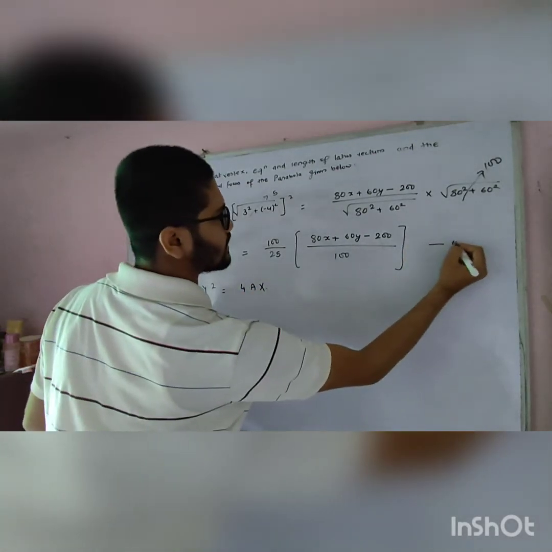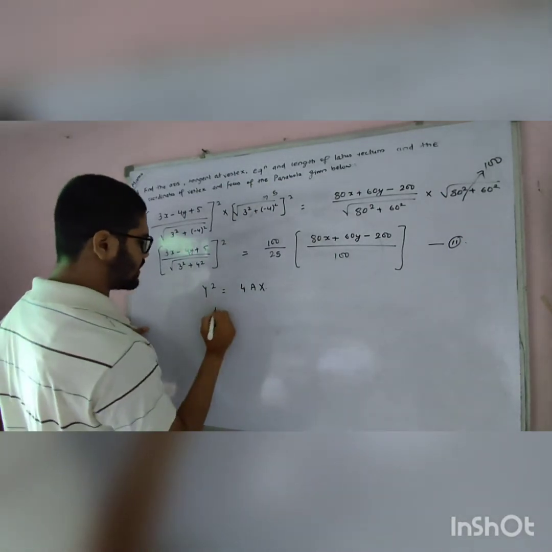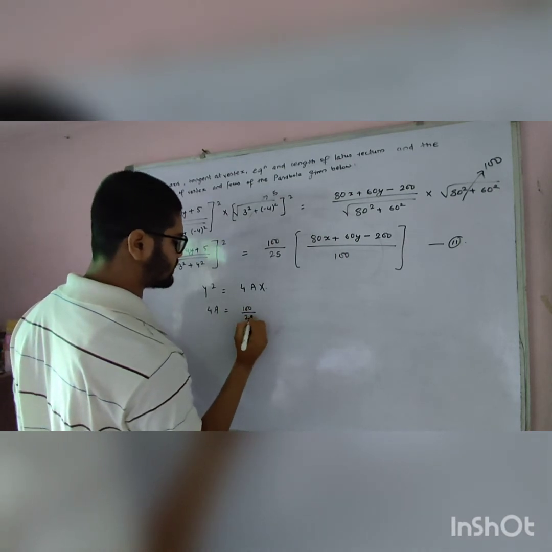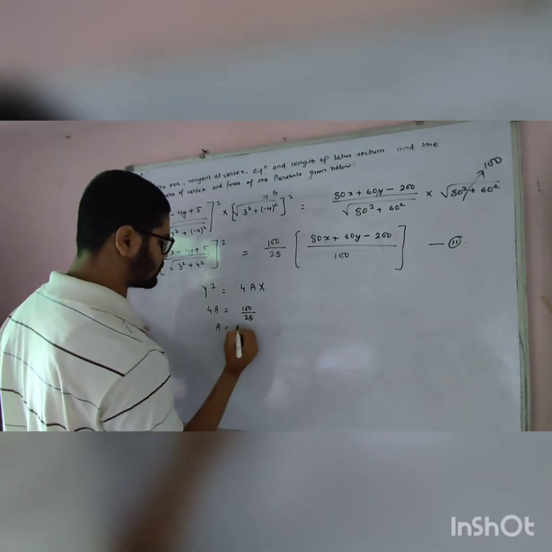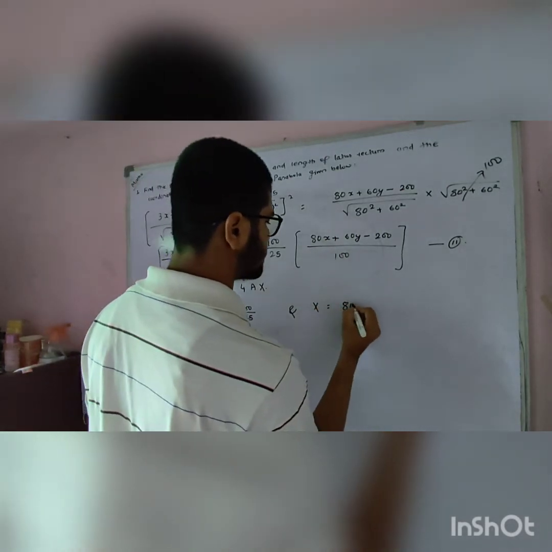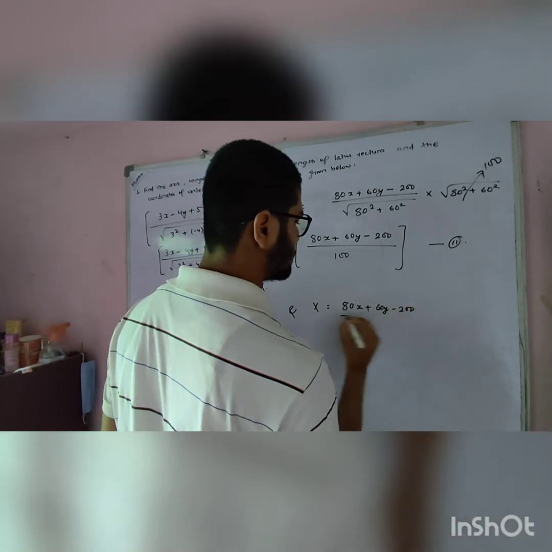Let us suppose this as equation 2, and here we can get 4a equals 100 by 25, which is a equals 1, and x is equal to (80x plus 60y minus 200) by 100.